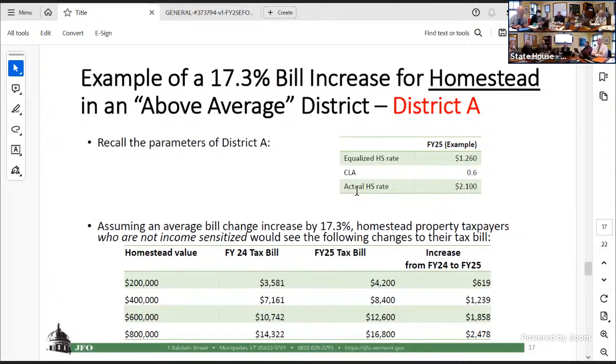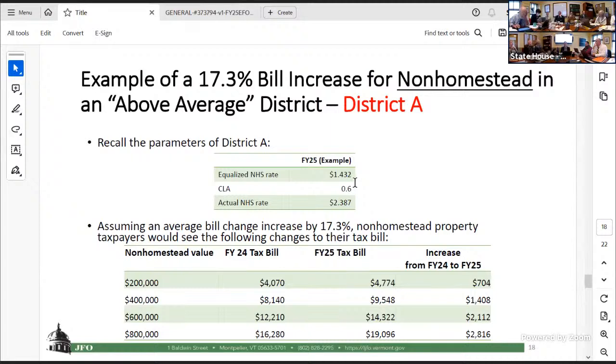Okay, so we're looking at District A, which is that above average district with an actual homestead rate of 2.1 and a CLA of 0.6. Moving on to what non-homestead would look like in this district.